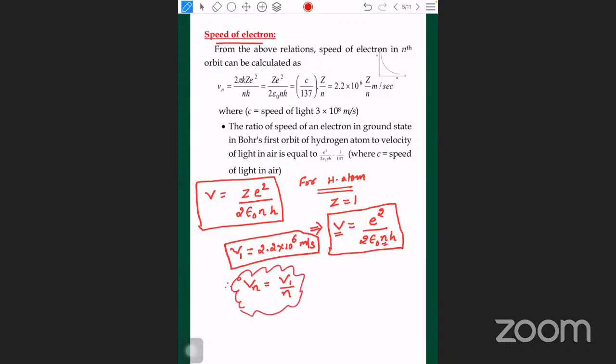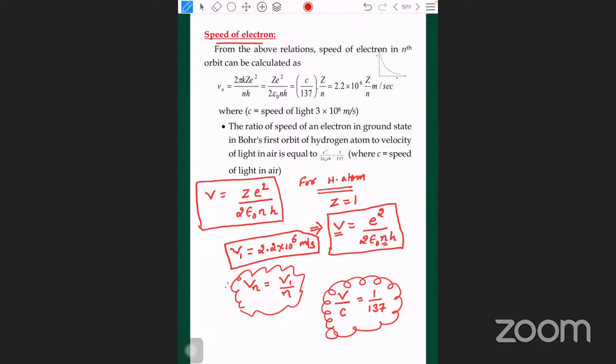Also you can remember the ratio of the velocity of the electron in the first orbit of the hydrogen atom to the speed of light.